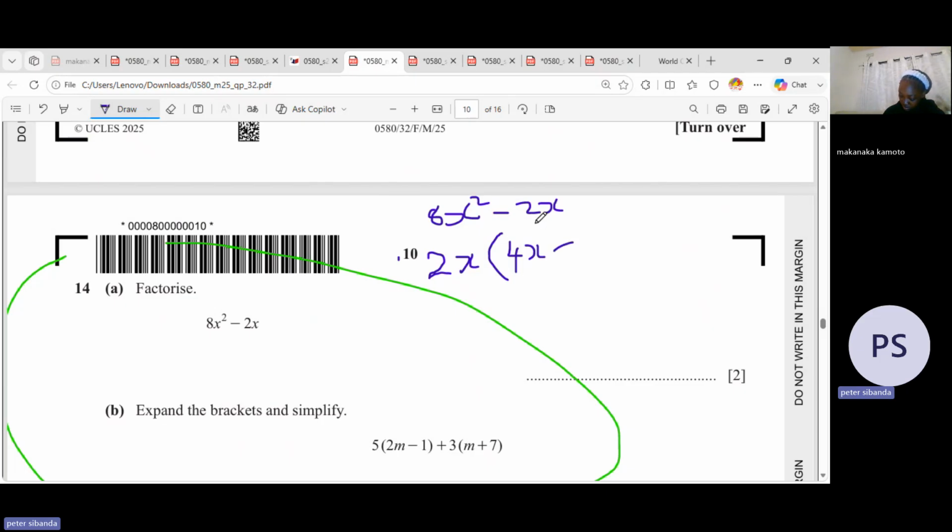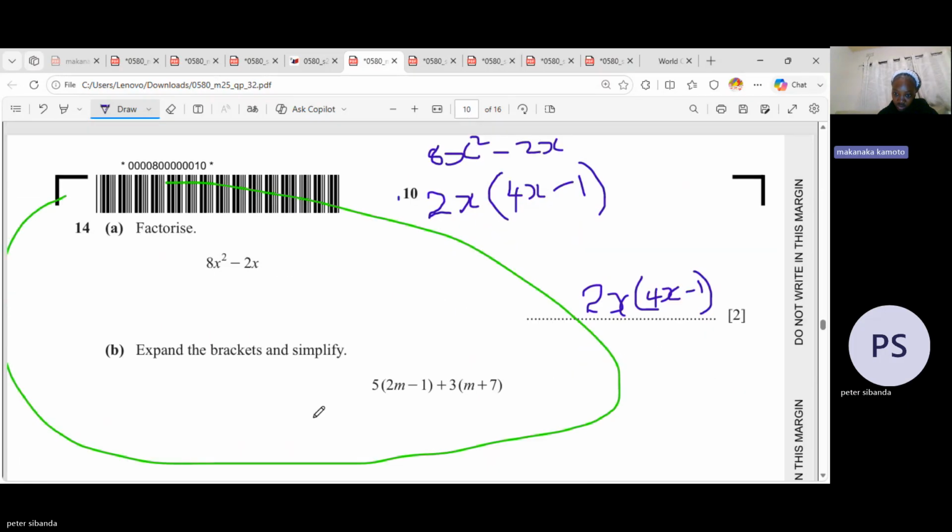Then 2x into 2x, that's 1. So that's the answer, we have factorized already: 2x, open bracket, 4x minus 1, close bracket.